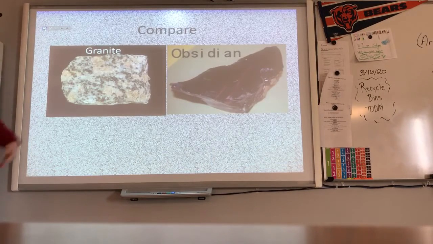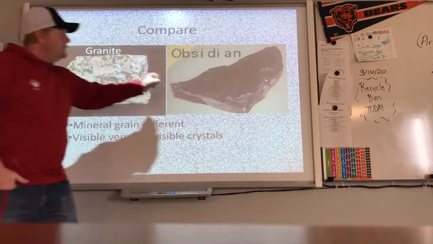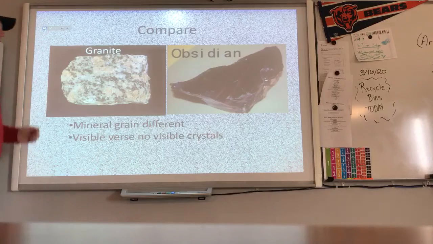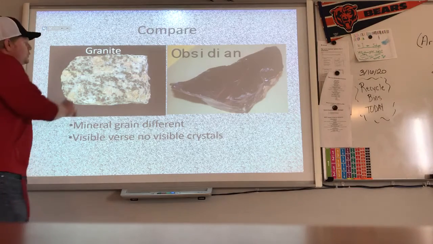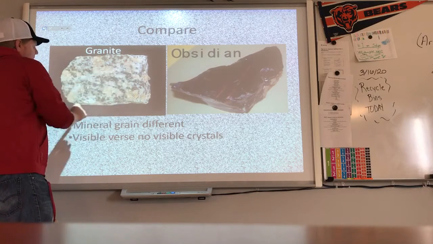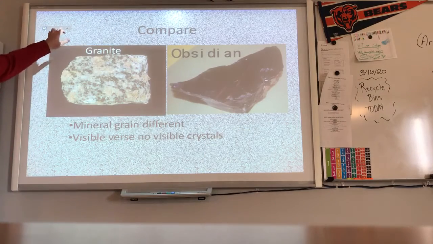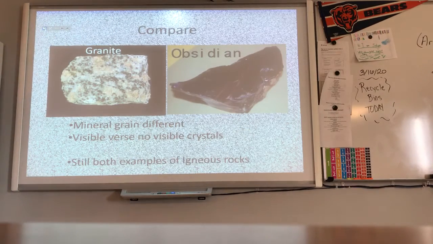Compare granite and obsidian. Mineral grain is different. Do you notice the different minerals stuck throughout here? This seems to be all one plain mineral. Visible versus no visible crystals. You cannot really see the crystals here because of the way the picture's taken, but you see some hints of them. You don't see, it's all one thing over there. And they're still both examples of igneous rock.